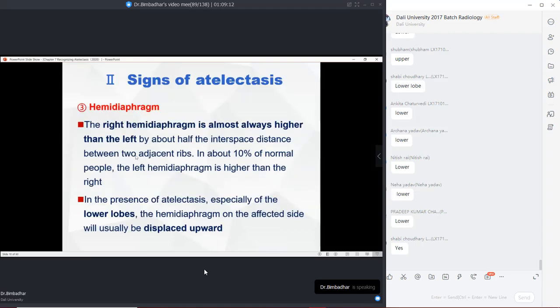Hemidiaphragm is more, and about the half interspace distance between the two adjacent ribs. Generally speaking, it is something around 1.5 to 2 centimeters. Okay, the right hemidiaphragm is higher.